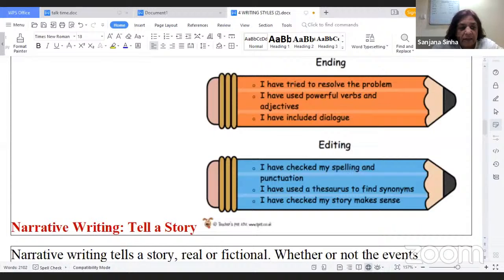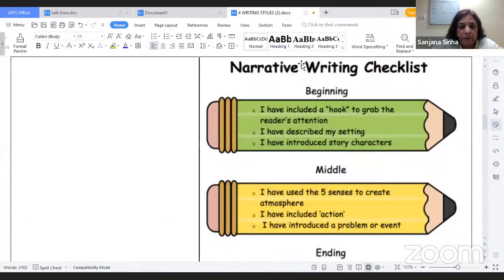Describe the setting, whatever happened. And the ending: before the ending, there will be some problems. Use 5 senses to create atmosphere, include action. So I've also introduced a problem or event.